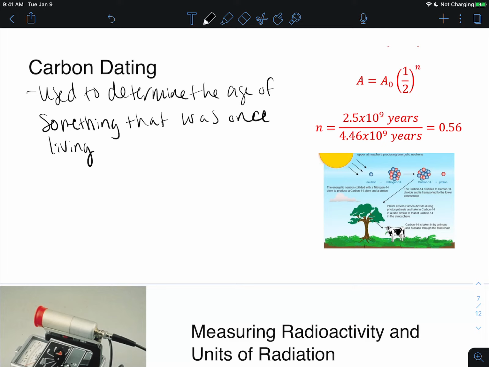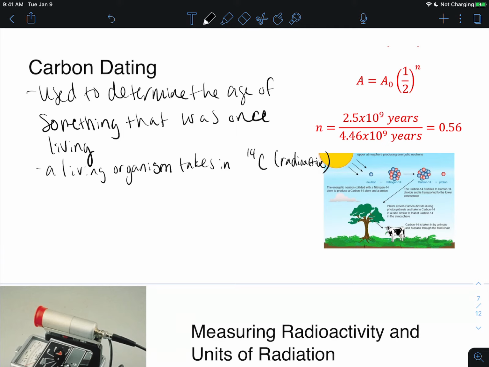And as an organism is alive, it's going to take in carbon in the form of carbon-14. A little bit of it at least. So a living organism takes in carbon-14, which is radioactive. And as it takes it in, it's going to slowly decay to carbon-12, but it's going to continuously replenish that carbon-14 as it's living.